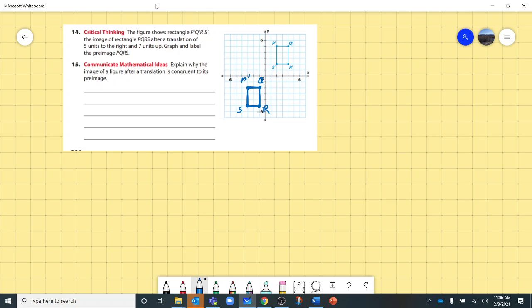And the reason that this is true is because translations only affect position.